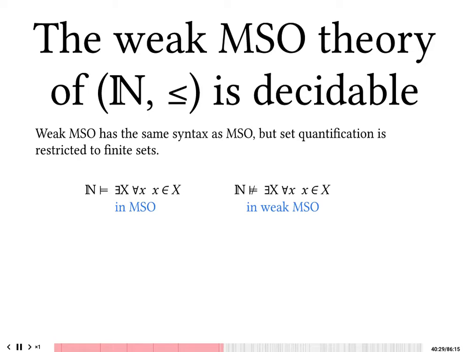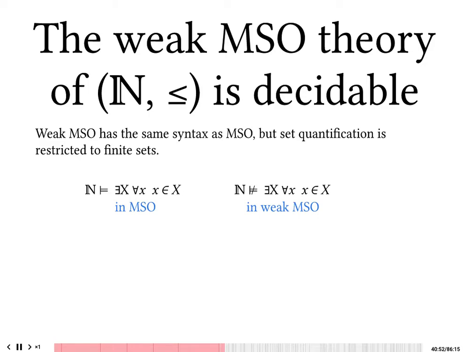And therefore, if you want to have weak quantification, you can just simulate it in usual MSO by saying there exists a set which has a finite upper bound. And therefore, for every formula of weak MSO, you can write an equivalent one in full MSO, and hence the problem for full MSO is at least as hard as the one for weak MSO.